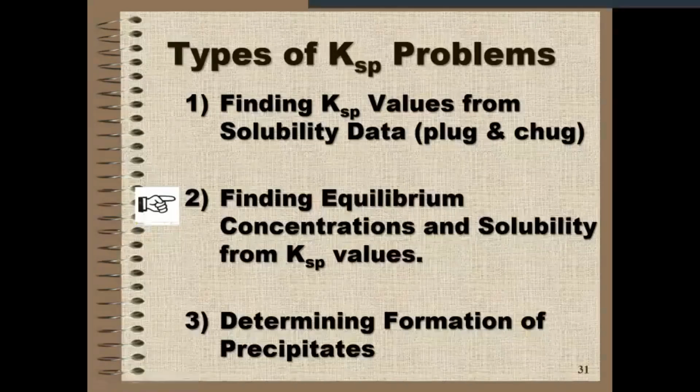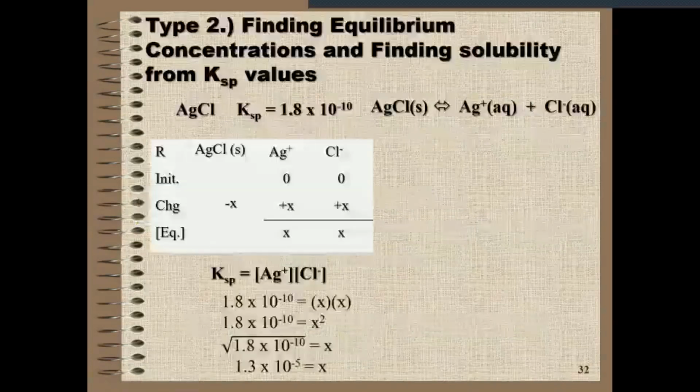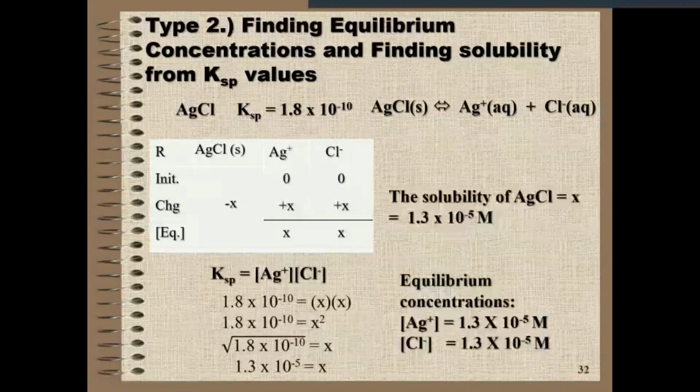So now the type 2 problem, we have to find equilibrium expressions. So here's an example of a type 2 problem. Let me go through it again. You're given the KSP, and they say find the equilibrium concentrations and find the solubility.